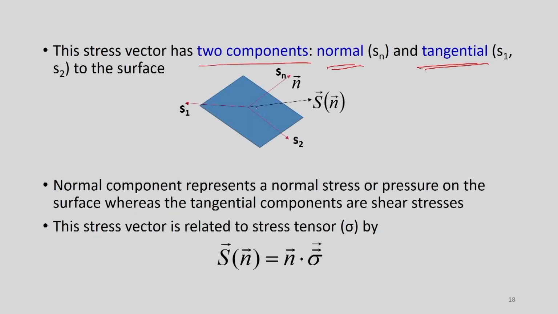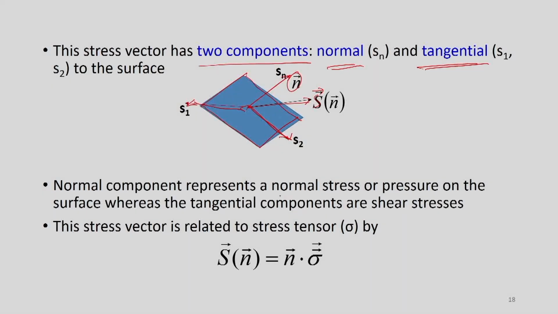So, this is the same test surface that we previously took, designated by some normal vector n. At this point on the test surface we have this stress vector S. It has two tangential components S1 and S2, whereas one normal component Sn.